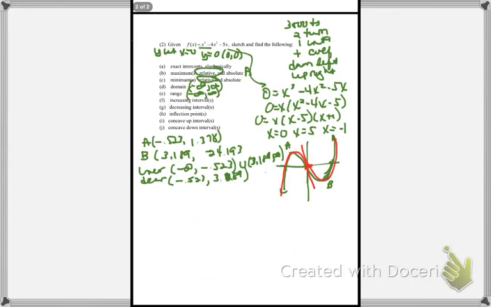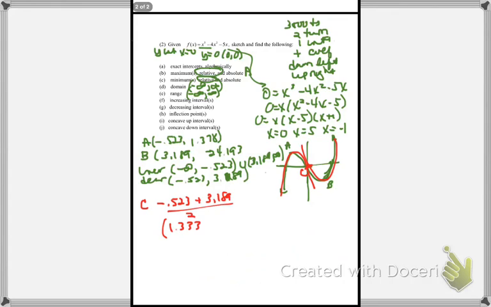To find your inflection point, let's call it C, you have to take the average of the x's from point A to point B. So we take your A, we add it to the B, we divide it by 2. So your inflection point comes out to be 1.333 for the x.